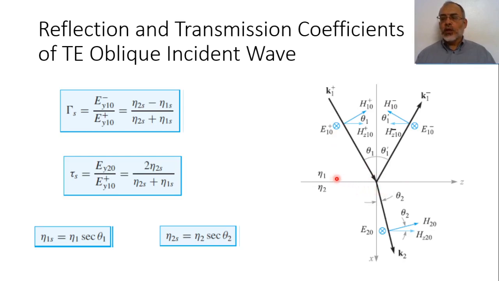So the tangential electric field above the interface equals the tangential electric field just below the interface, and similarly the tangential magnetic field above the interface equals the tangential magnetic field below the interface. And it should be noted that here the tangential magnetic field of the incident field is opposite to the tangential magnetic field of the reflected field.